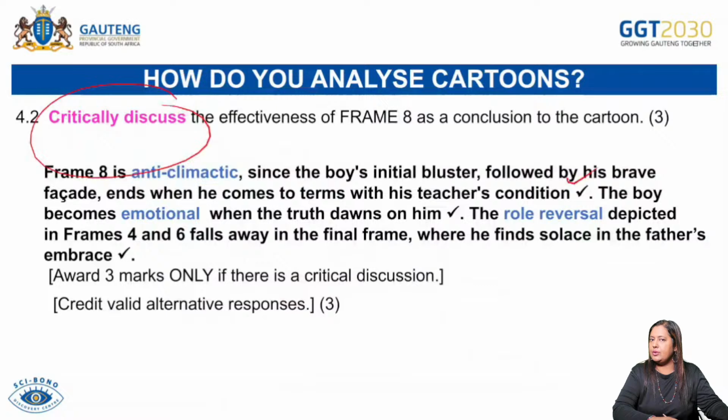All right? So, in other words, he has realized that she's not going to be well because of what he heard. He couldn't repeat that to his father, so he pretended to be confident and pretended to be okay, but that's not the case. The boy becomes emotional when the truth dawns on him. Obviously, his teacher is not going to be well. The role reversal depicted in frames 4 and 6 falls away in the final frame, where he finds solace in his father's embrace.